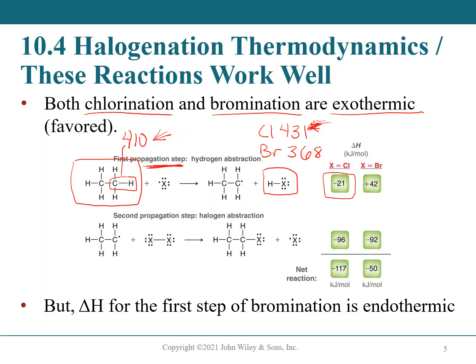We're talking about the first propagation step, which is a hydrogen abstraction. Whereas bromine, when we do the math, we have 368 and 410 minus 368 gives us 42 kilojoules per mole of energy that needs to be added to this reaction overall, right? So the first step, chlorination, is favorable, bromination is endothermic and less favorable, requires additional energy added.